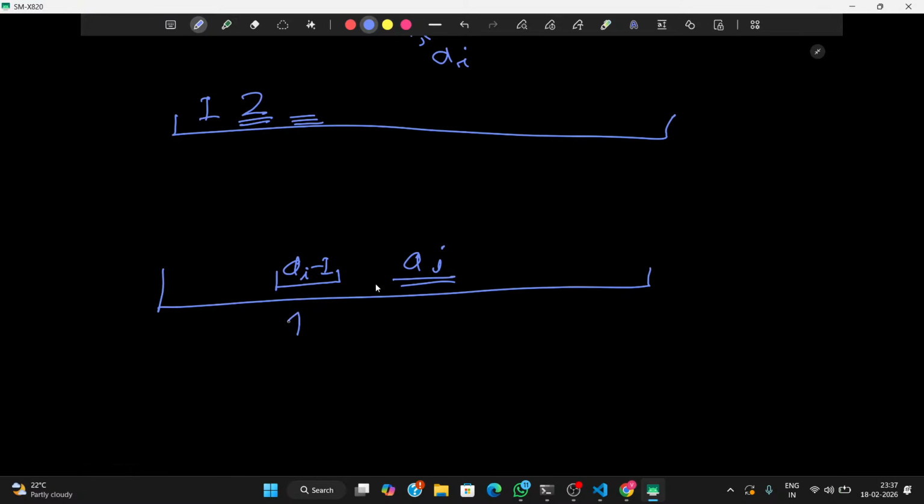And this index should also be good. For this index to be good, A of I minus 2 should also be present in the array. And for that to be good, A of I minus 3 should also be present. So a good presence of AI minus 1 will ensure that this particular index is also good. If AI is good, AI minus 1 should be there, AI minus 2 should be there, and that's what we need to ensure.